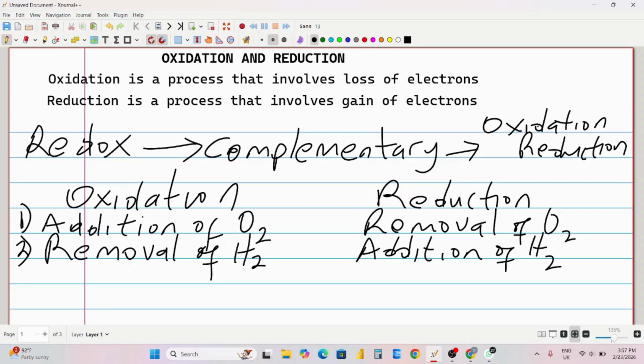So when you look at the processes in combination with oxygen and hydrogen, you can see there's a sort of opposing nature to it. Where oxidation involves addition of oxygen, reduction is the process that involves removal. Where oxidation involves removal of hydrogen, reduction is addition of hydrogen. Let me try and get you quick equations that can help.